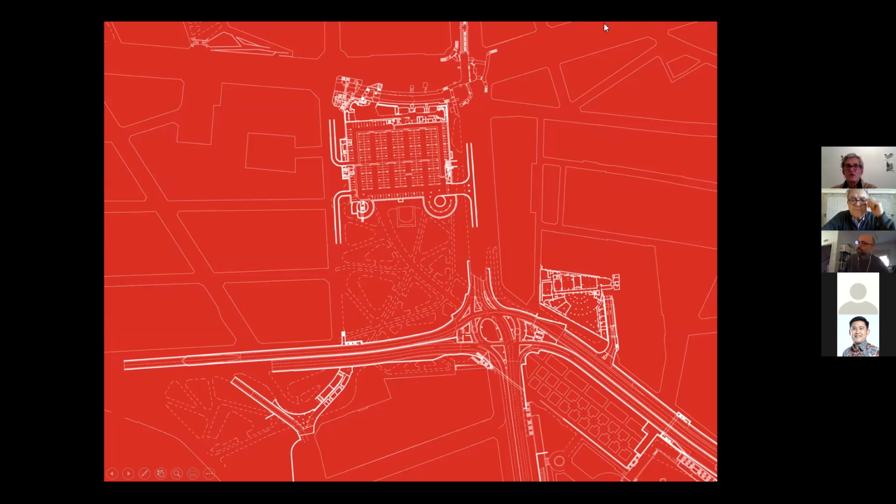So the traffic remains here on the surface, but the traffic inside from this point to the east is more controlled. Not everybody can go inside, only authorized vehicles. So here is a street on the surface. Here is a street on the surface. Here the street goes under a structure.